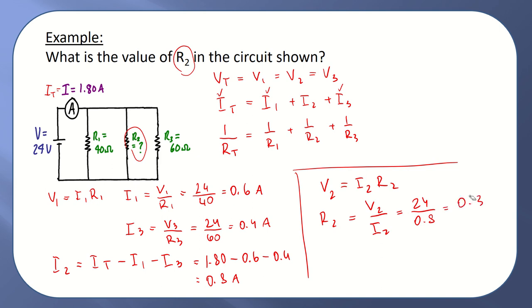What is 24 divided by 0.8? That's going to be 30. So that's going to be 30 ohm. So that's the resistor value for R2.